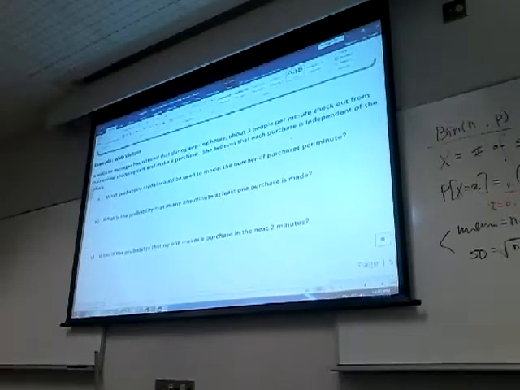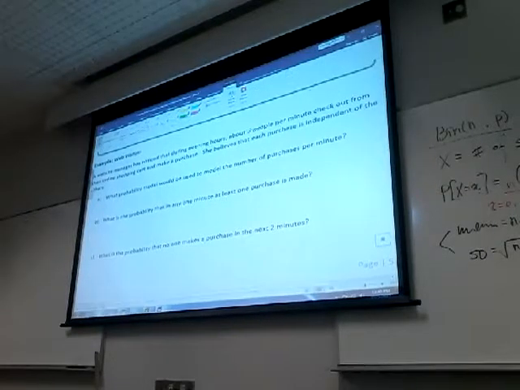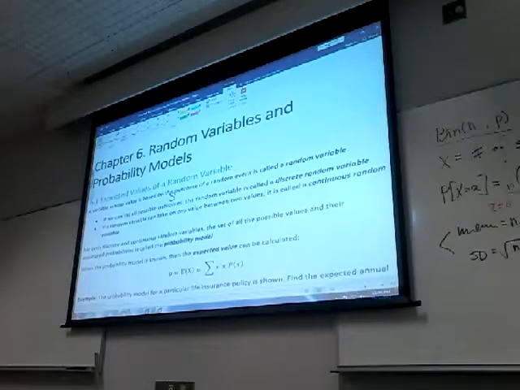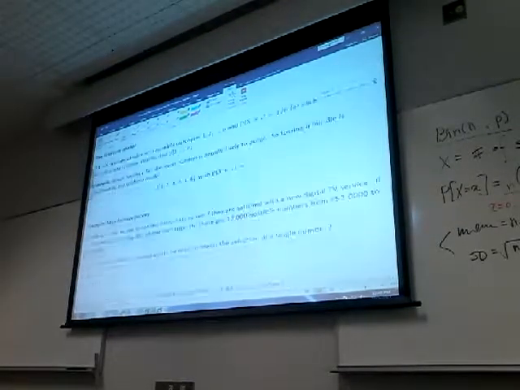So, what kind of model? We are going to use the Poisson. How much was the lambda? 3 in a minute.